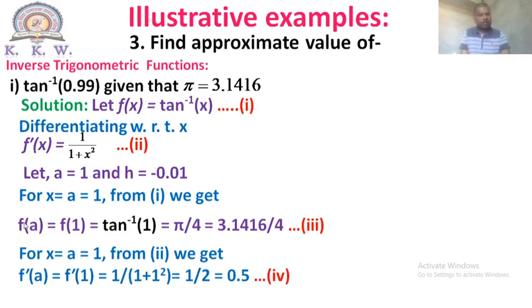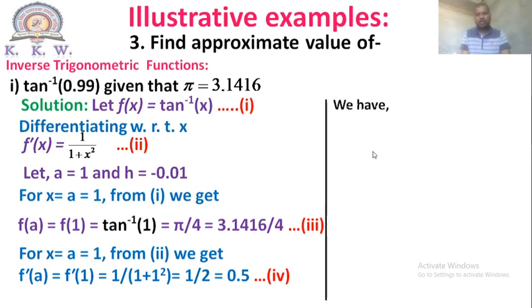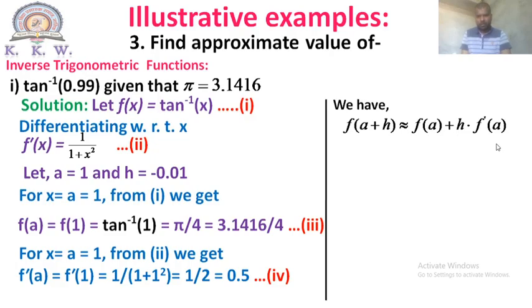After finding this value f of A and f dash of A, the formula of approximation, that is f of A plus H approximately equal to f of A plus H into f dash of A. Therefore, f of 1 minus 0.01 approximately equal to f of 1 plus H is minus 0.01 into f dash of 1. Value of f of 1 is 3.1416 divided by 4.